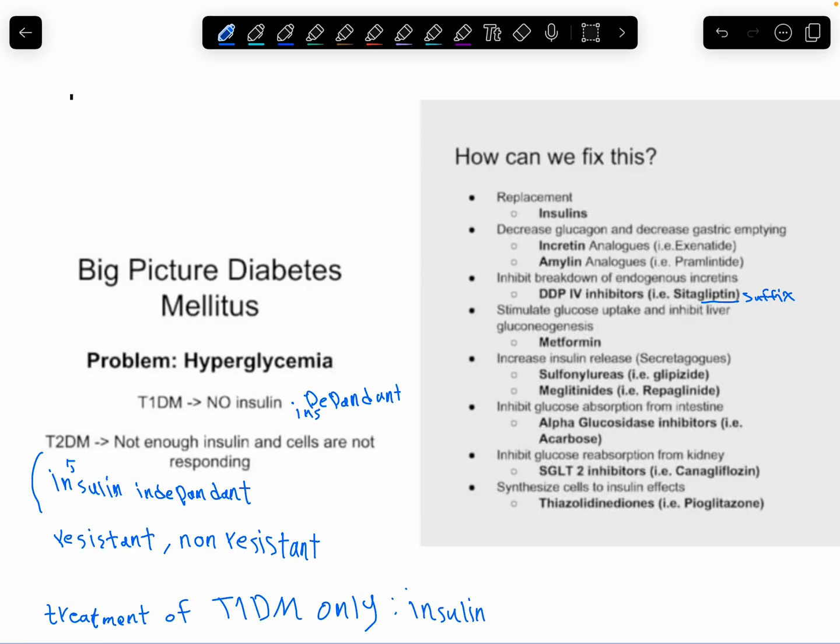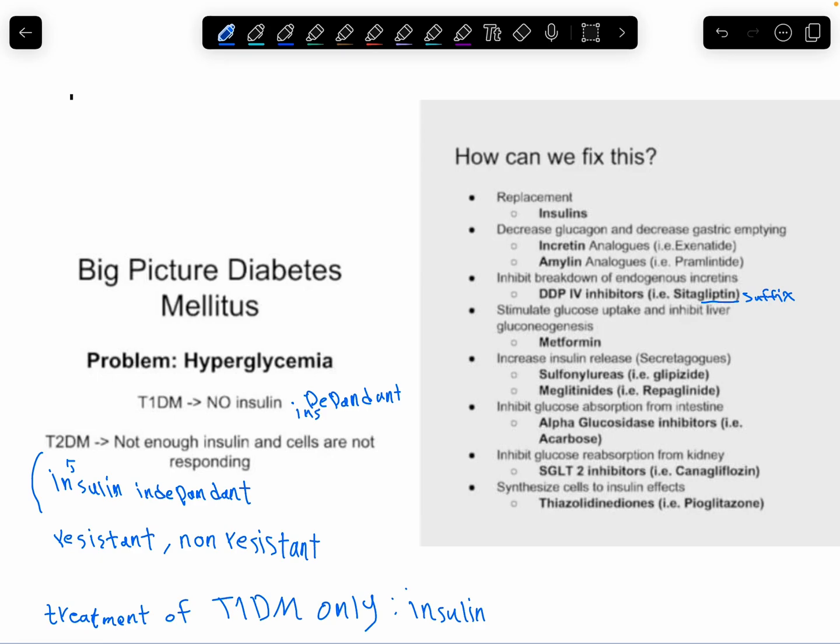Kidney is part of the genitourinary system. So here it causes genital tract infections. Genitals, you know, reproductive organ infection in male and female.